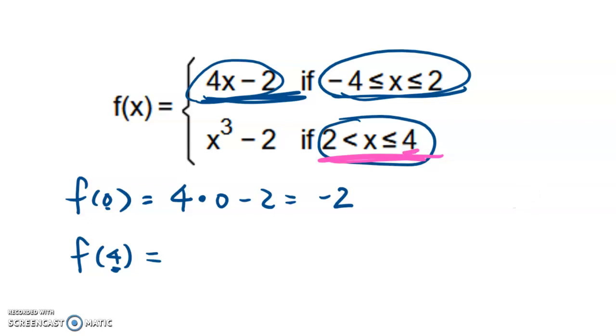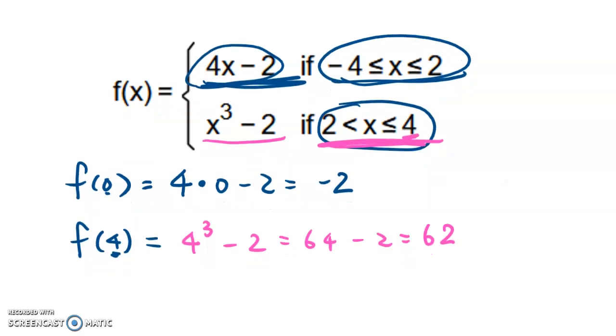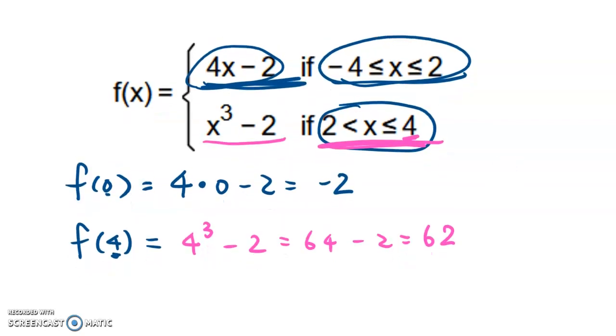So we will use the bottom expression. So we have 4 cubed minus 2, which is 64 minus 2. We have 62, right?